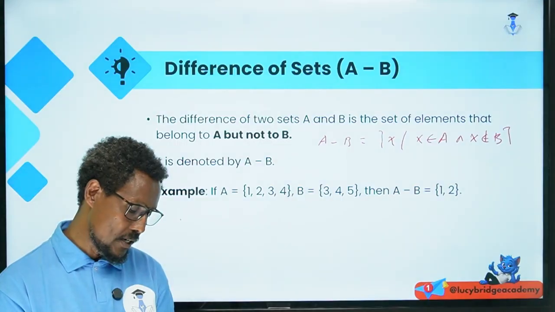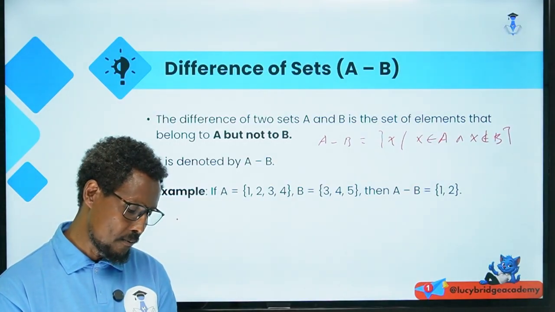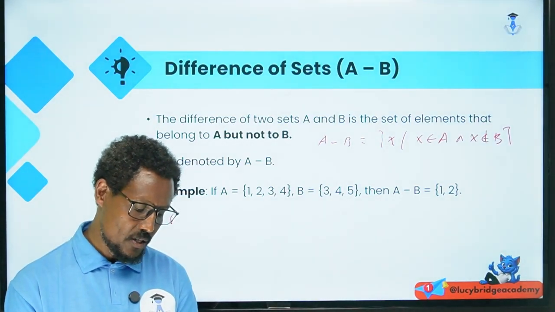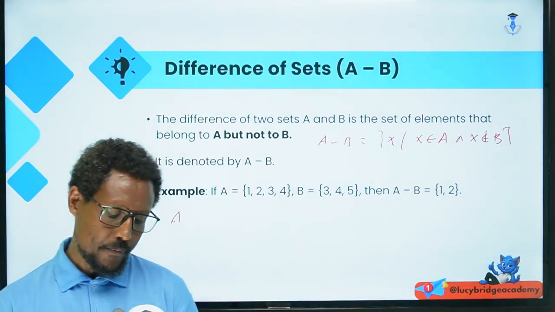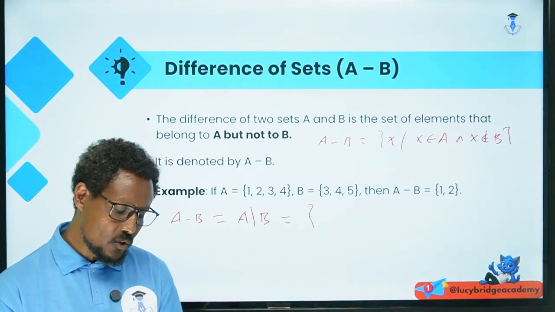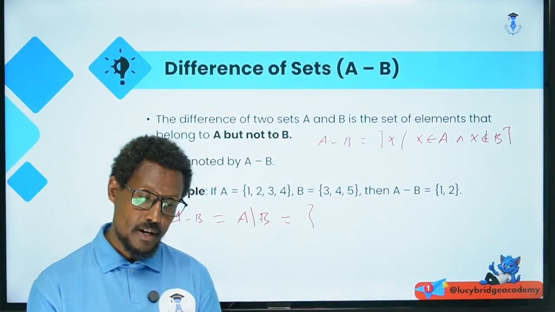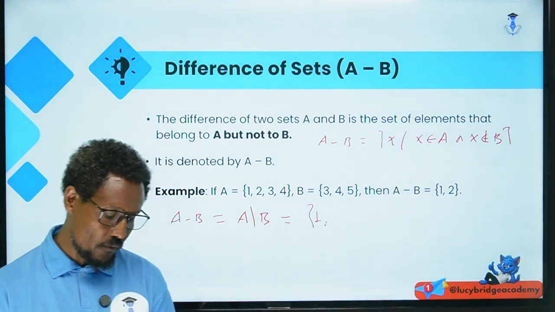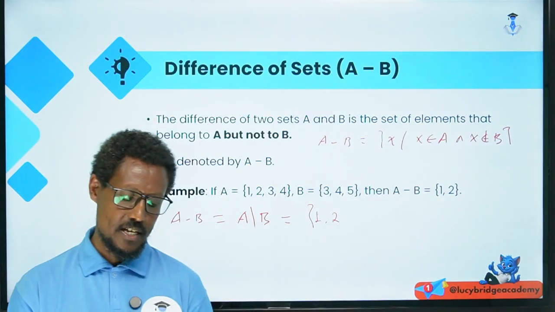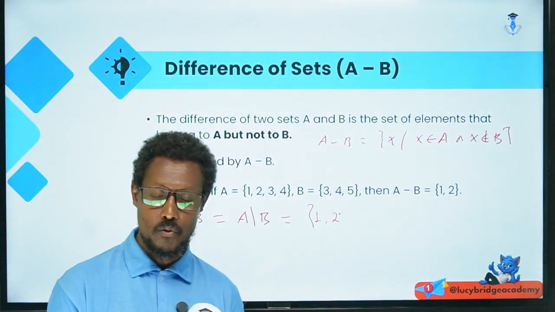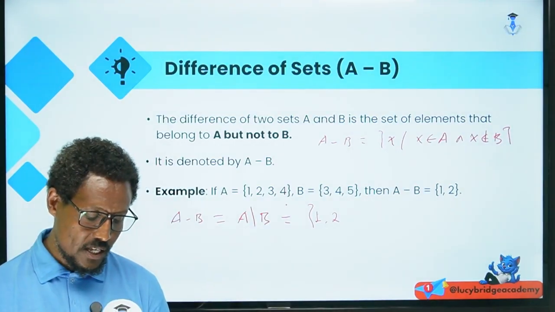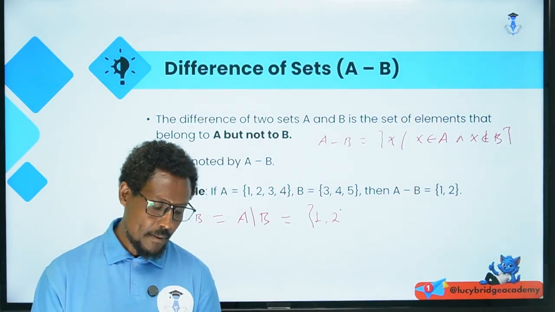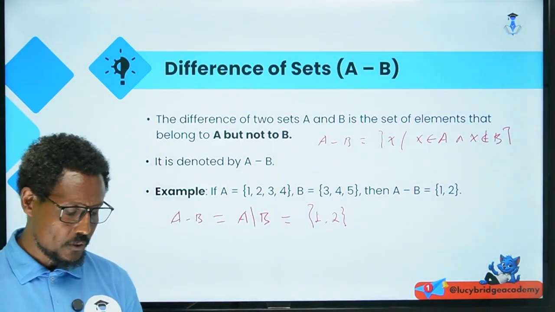A minus B. Sometimes we write A without B. A without B is in A, not in B. 1 is in A, 1 is not in B, so 1 is in A without B, right? 2 is in A, 2 is not in B, therefore 2 is an element of A minus B. 3 is in A, 3 is in B. So 3 cannot be an element of A minus B. 4 is in A, 4 is in B. So 4 cannot be an element of A minus B. Therefore, A minus B means only 1.